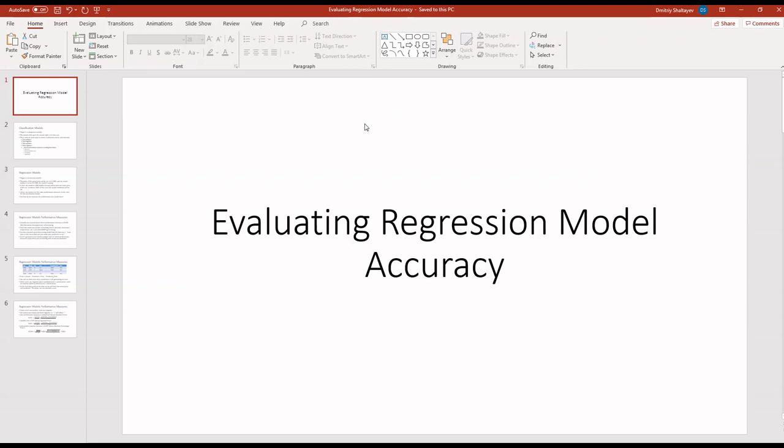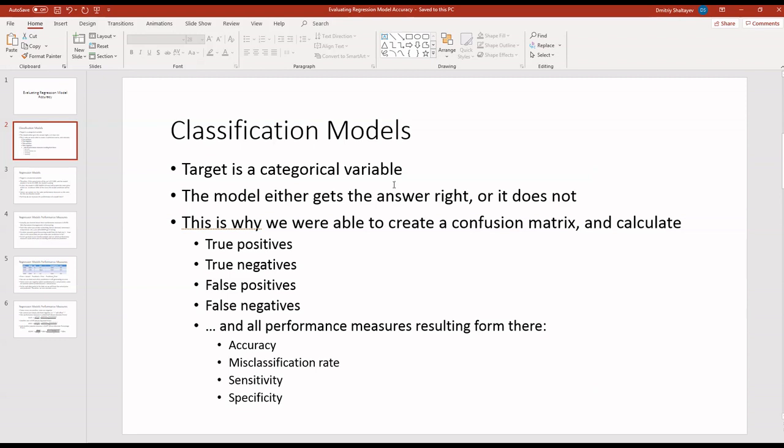And for both of these examples we have used the same data set for prices of Toyota Corolla. So in this video, which I hope will be relatively short, I wanted to discuss how we evaluate the accuracy of the regression model. This set of slides I'm going to upload on Scholar.